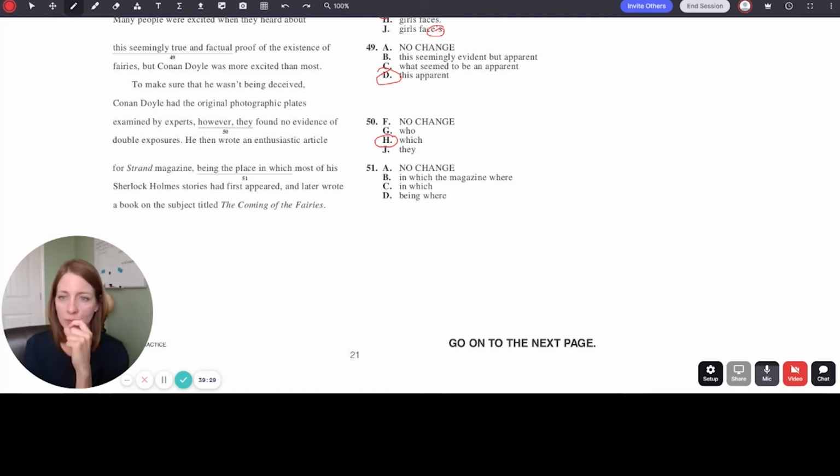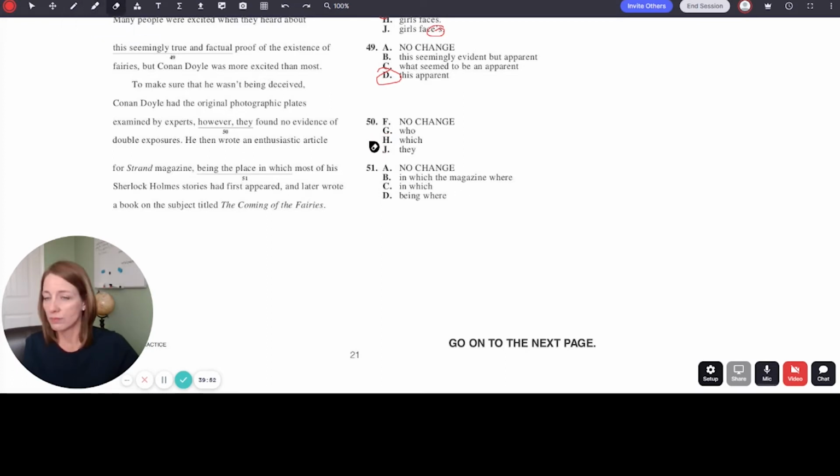To make sure that he wasn't being deceived, Conan Doyle had the original photographic plates examined by experts. Experts. Okay. So it's referring to experts.